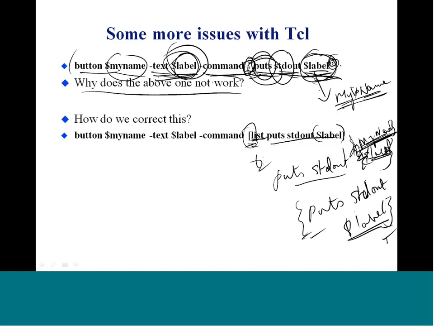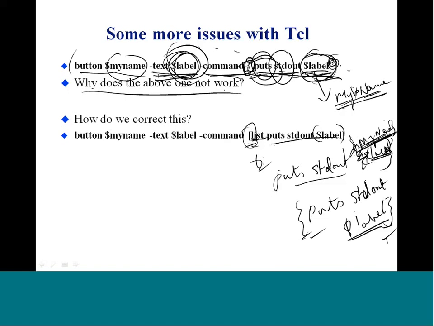Once we specify the quotes, this may not work correctly, because here in the text we specify $label and somewhere else we are specifying set label. This label can have multiple words. So when we say stdout with multiple words, and since it is in quotes, as you know, the interpreter substitutes the variable. This is a variable substitution.